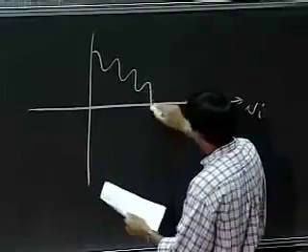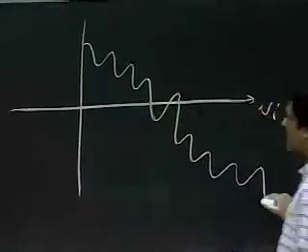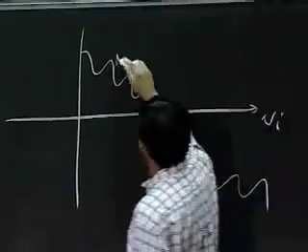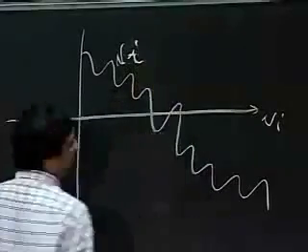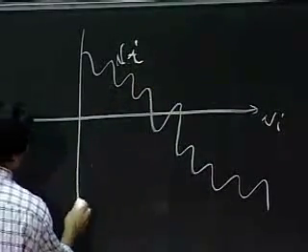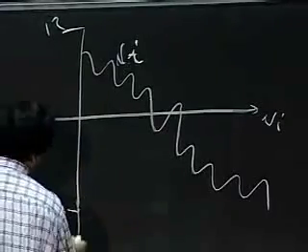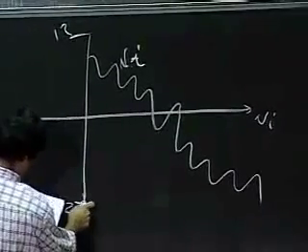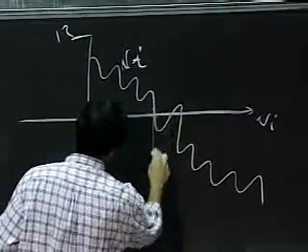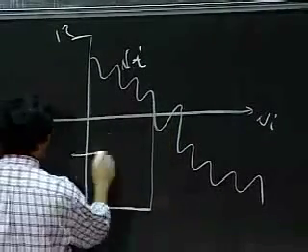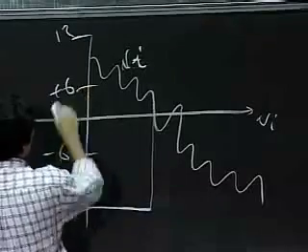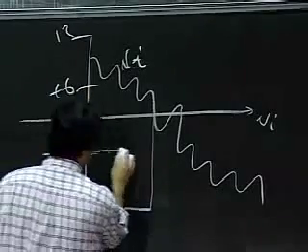The good news with this is that now, if I take the same kind of noisy waveform that I had before, and if this is Vi, then what's going to happen is for VO, I'm going to be negative at this point. Nothing happens here because I have to get to minus 6 or plus 6 before something happens.